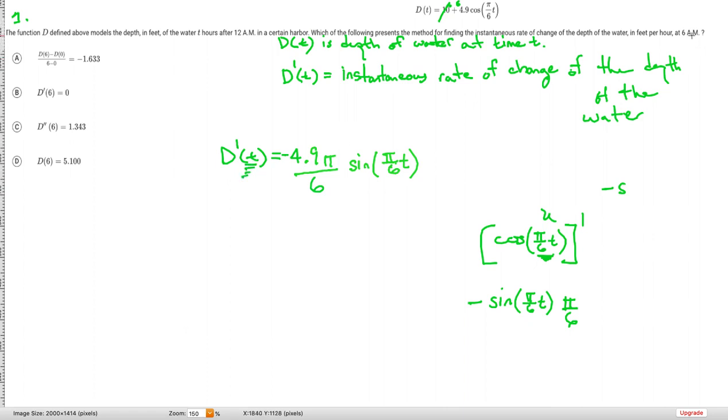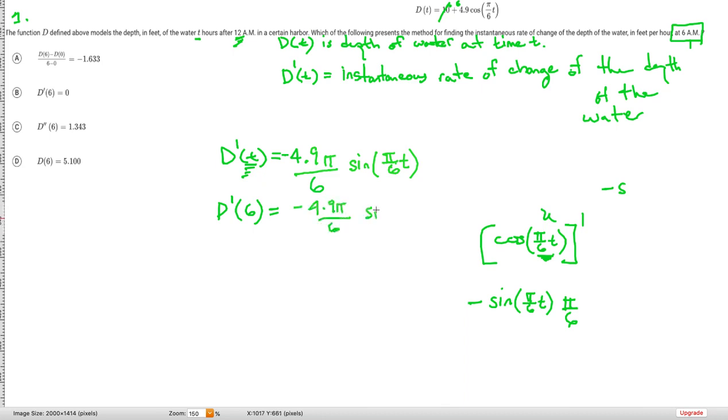Now they want it at a particular time. They want it at 6 a.m., and t is hours after 12 a.m. So in this case, t is just going to be 6. So D prime of 6 is equal to negative 4.9 pi over 6.